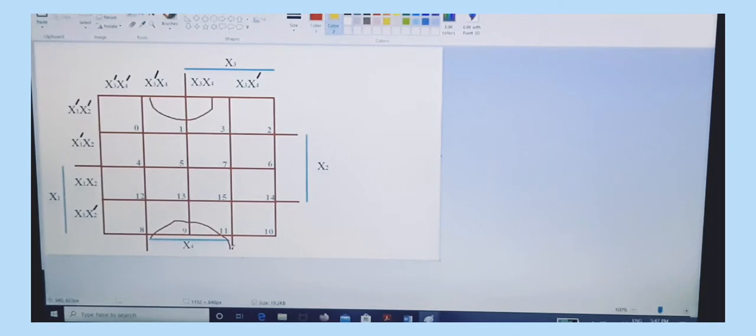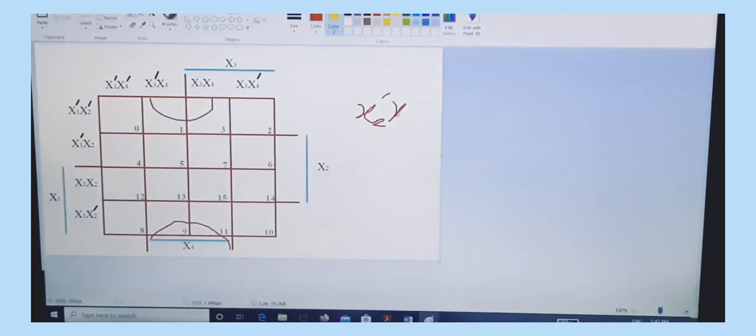What is the minimized expression for 4? How to get this? Here you can see that this corresponds to x4. This corresponds to x4 and the upper row and bottom row corresponds to x2 dash. Therefore, the expression for this is simply x2 dash into x4. So this is the corresponding expression.